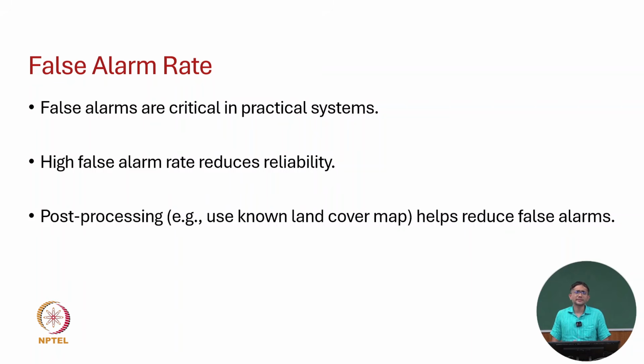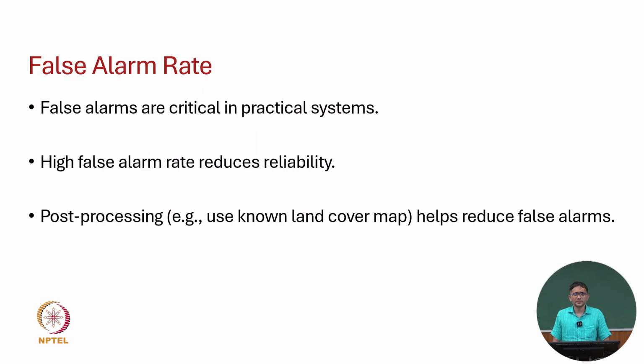So often the algorithms are designed in a way that you'd rather go for detection of all the anomalies plus some false alarms, and then on top of this you will use some kind of post processing to reduce the false alarms.